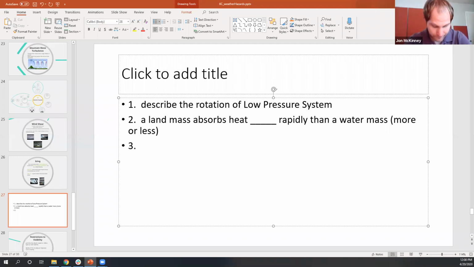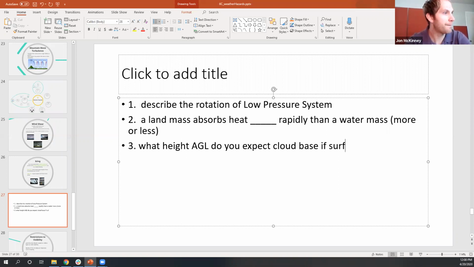Question 3. What height AGL do you expect cloud base if surface temp is 65 Fahrenheit and dew point is 56 Fahrenheit?